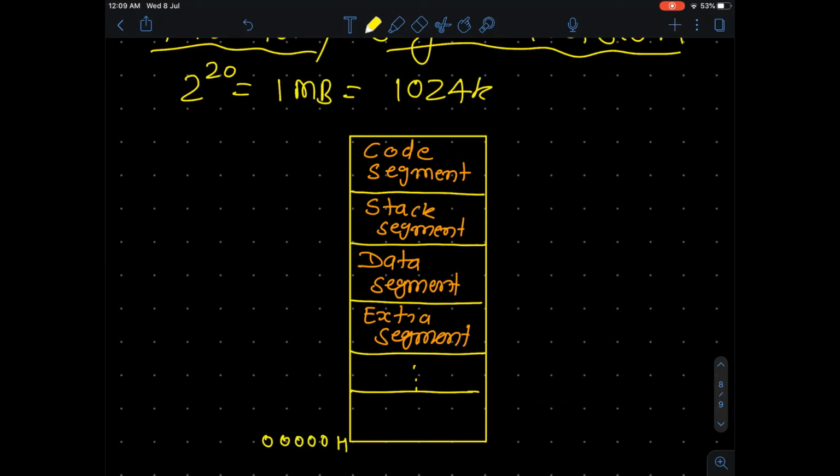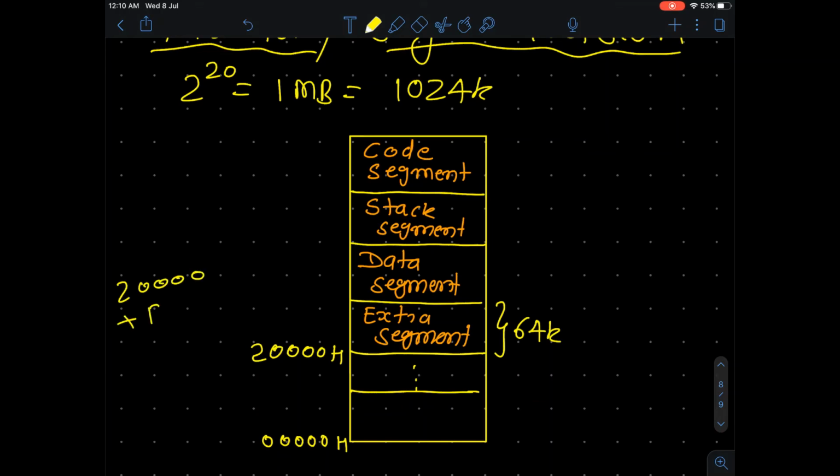This is the starting address. Then so on, these addresses go on. For example, now this address is 20000. Then this is the 64K. This is called the starting address and this is called the ending address. So what should this address be now?